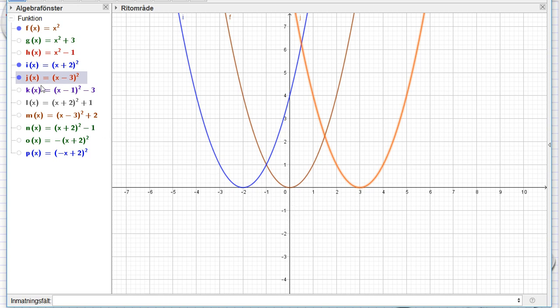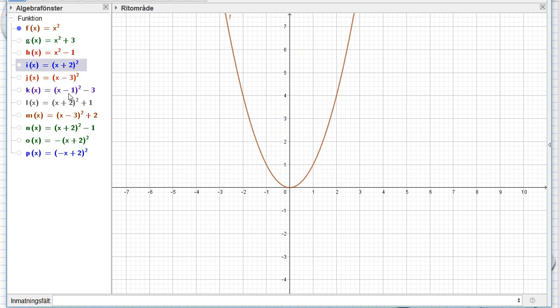What happens if I combine these two, adding or subtracting for the f of x, and adding or subtracting for the x?